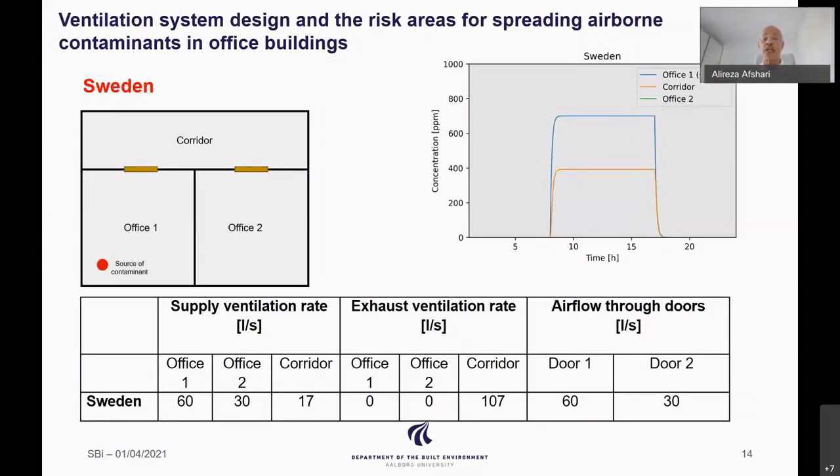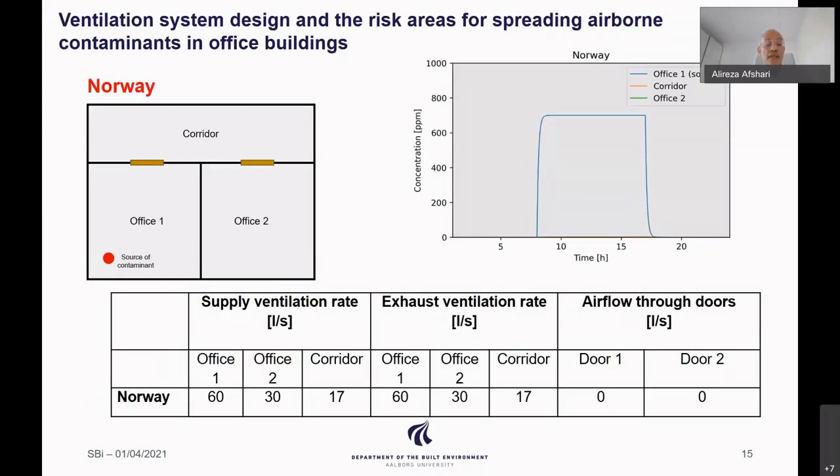The concentration in office 1 is very high, of course, but in the corridor the transfer is from office 1 to the corridor, so you have high concentration in the corridor. But in office 2, you don't have any concentration of carbon dioxide.